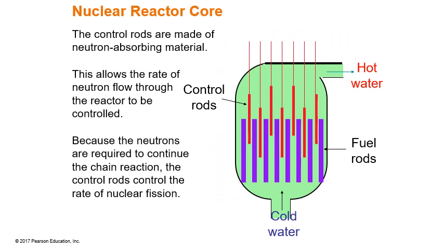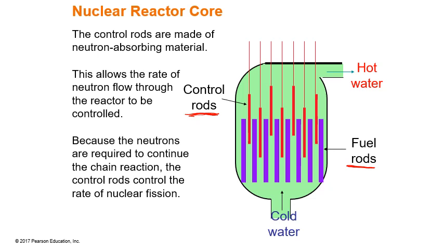In the reactor core, with our fuel rods, we do have to have a way to control our reaction, because as we explained before, it is a cascade, a chain reaction that continues to get larger and larger. The way that we control it is we use something called control rods, which absorb neutrons.